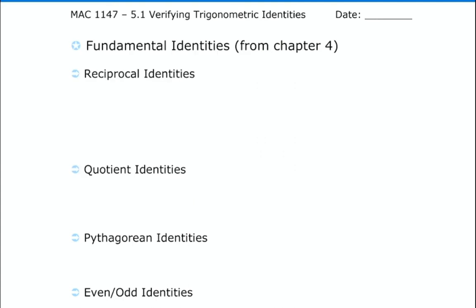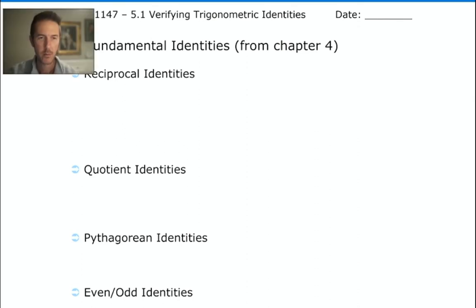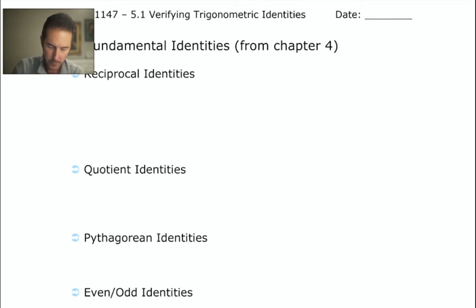First, we have the reciprocal identities, and those we use very frequently. My guess is these are not going to surprise you. For example, the reciprocal of the sine function, 1 over sine theta, is equal to cosecant of theta. 1 over cosine of theta is equal to secant of theta.